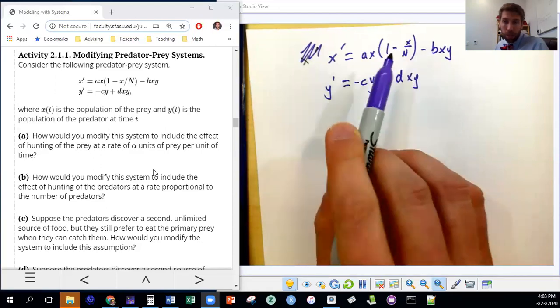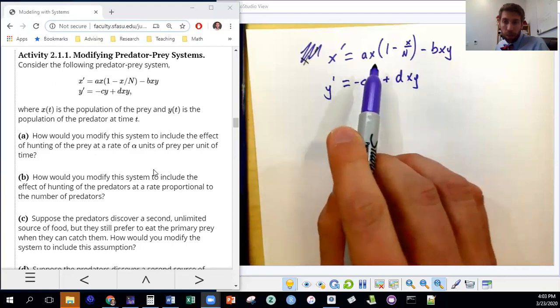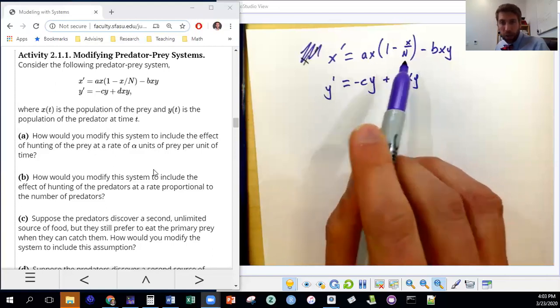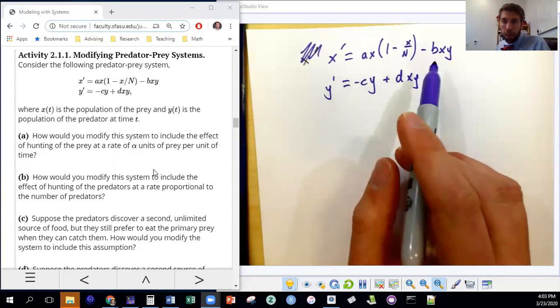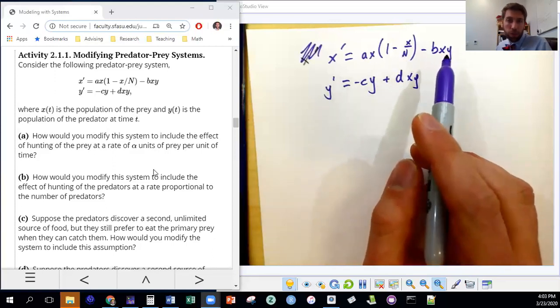So without predators, our prey fits a logistic model. They grow kind of exponentially, but there's a carrying capacity, and they level out towards that carrying capacity.